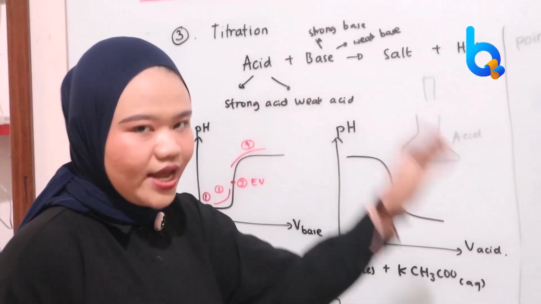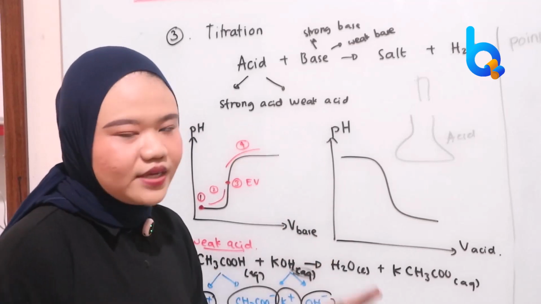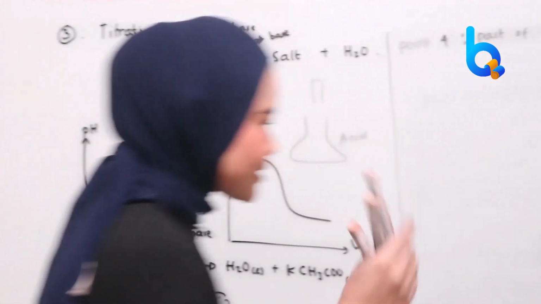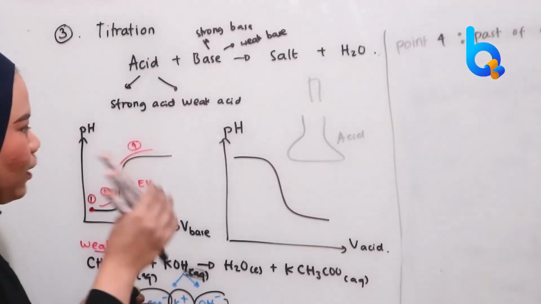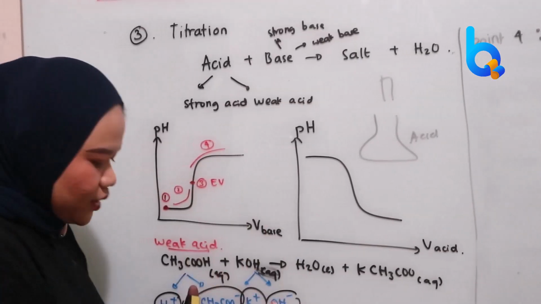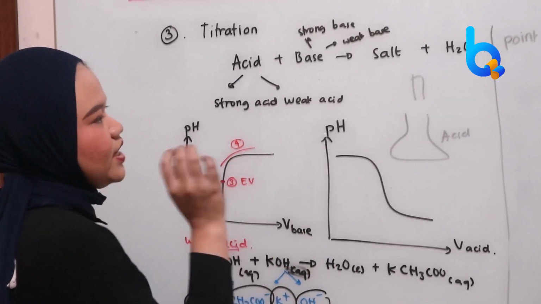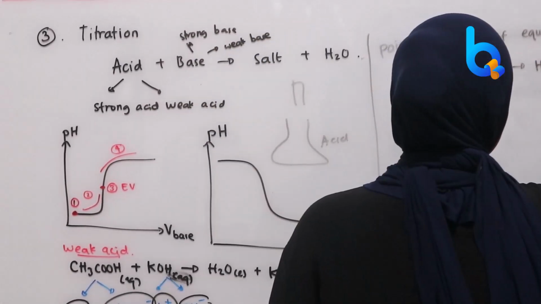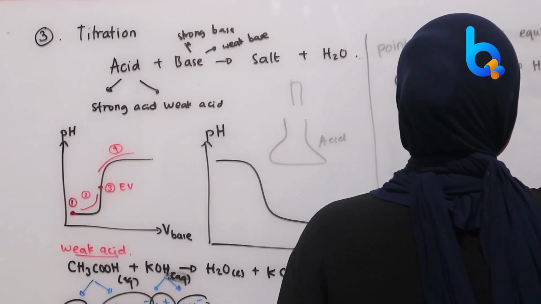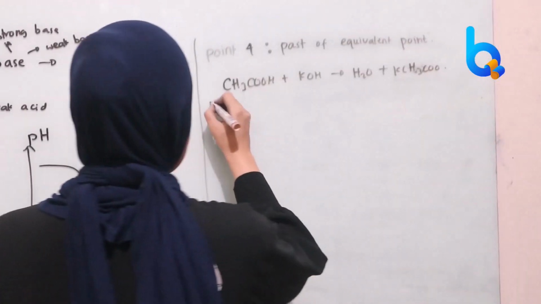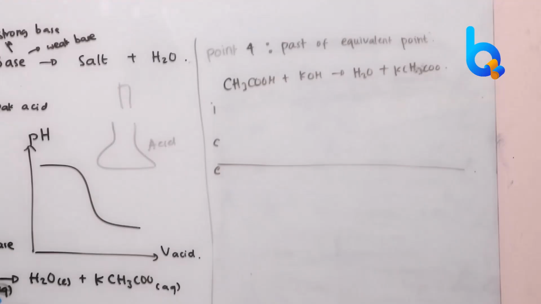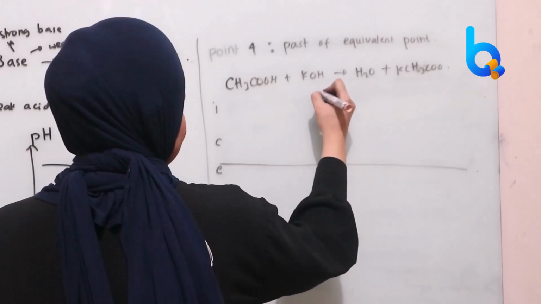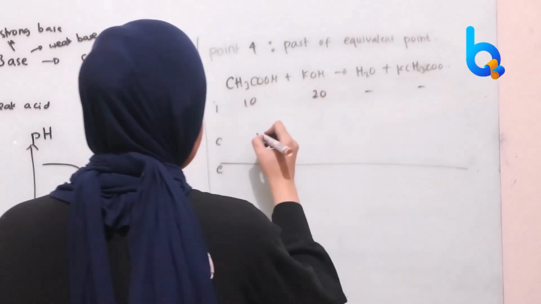The titration is over, because we keep adding the base after that, in the phase of state 4. So in this ICE table, in the fourth point, this is probably 20. This is the difference.